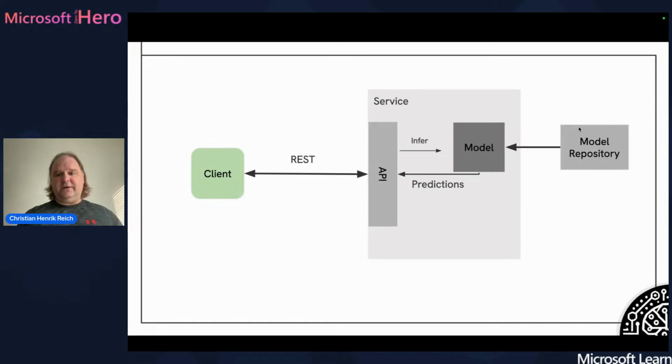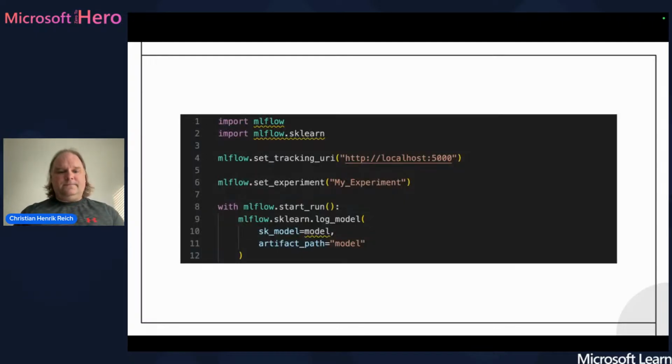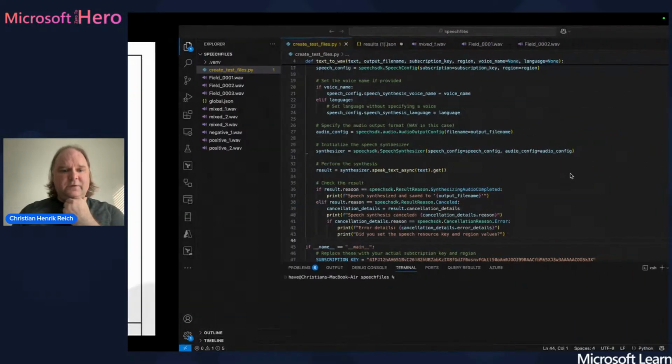A model repository is a place where we store our models. Either they come from Hugging Face, it can be, as we saw in AI Foundry, that has this model space where we can expose some models and so forth. And as I told before, we can use MLflow to do this. And Fabric is also using MLflow and also has a way to store models. It can be a bit confusing.